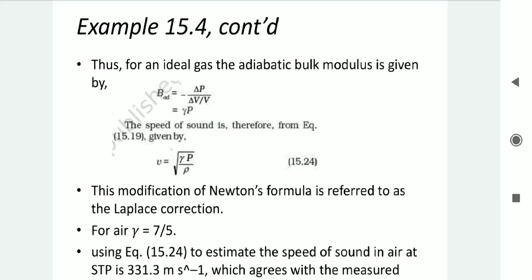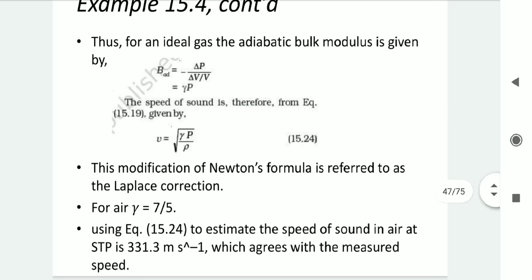This modification of Newton's formula is the Laplace correction. For air, gamma equals 7 by 5, and using that equation we get the speed of sound in air as 331.3 meters per second.